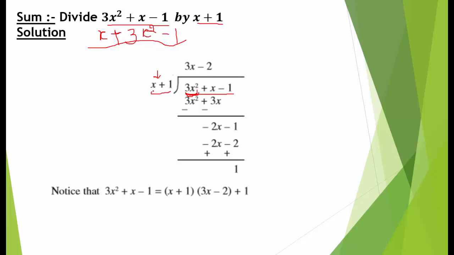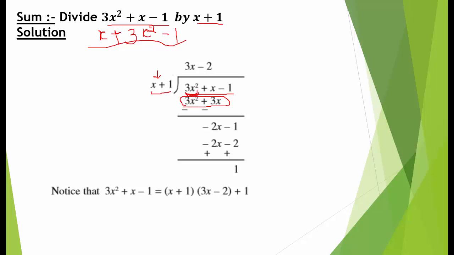Now to make this x into 3x square, we should multiply this x with 3x, because 3x into x will become 3x square. So first multiply this whole term with 3x. On multiplying we will get 3x square and plus 3x into 1, 3x. Now subtract. Subtract will change the signs of this term.